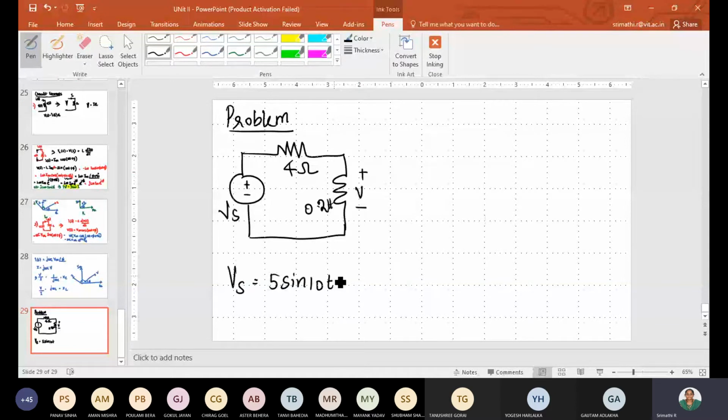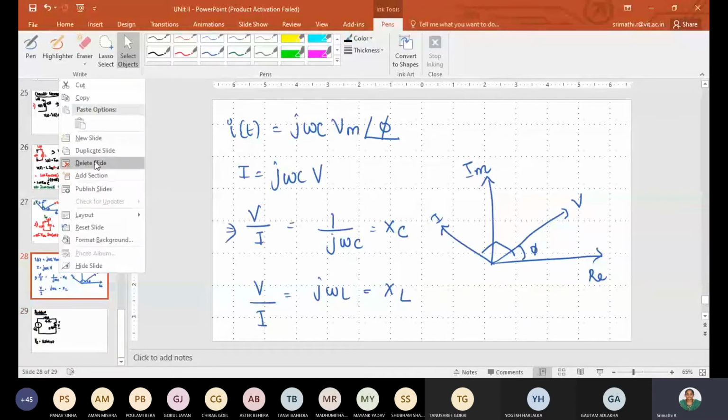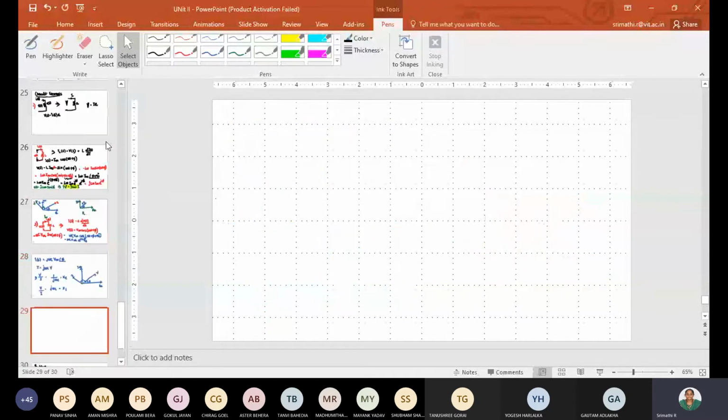Before that, I need to tell one thing. We have now seen the individual circuit elements. In AC circuits you will have R, L, and C, and L and C are frequency dependent. The opposition offered to the flow of current in DC circuits is said to be resistance.